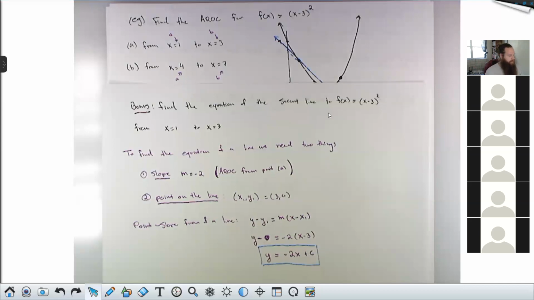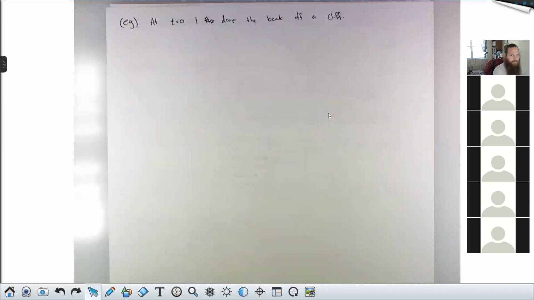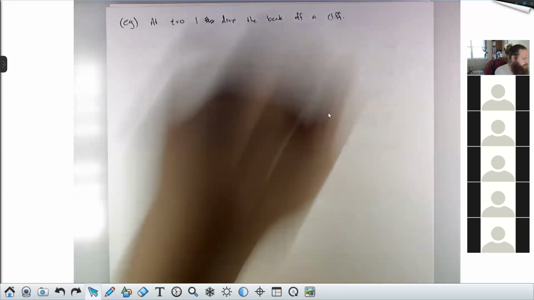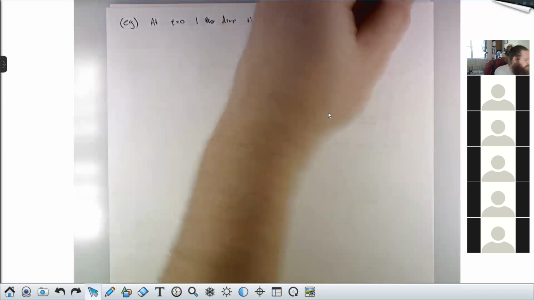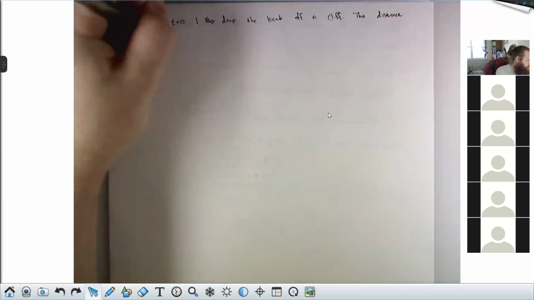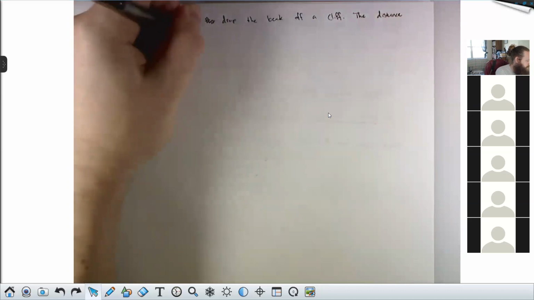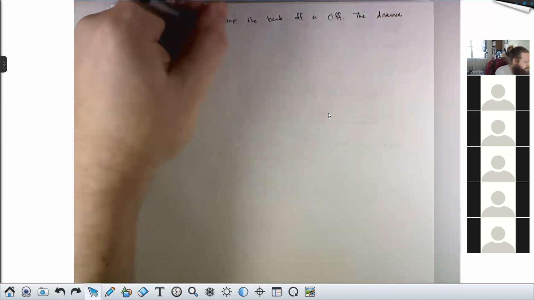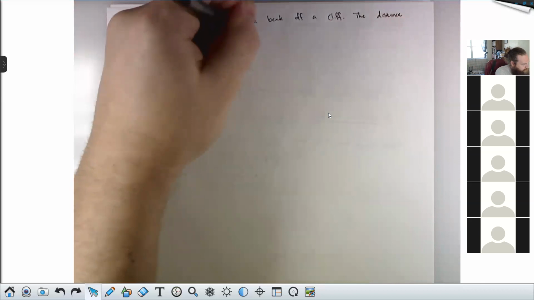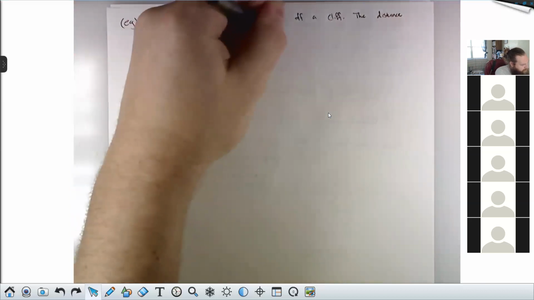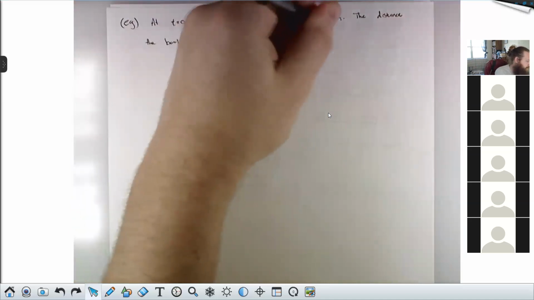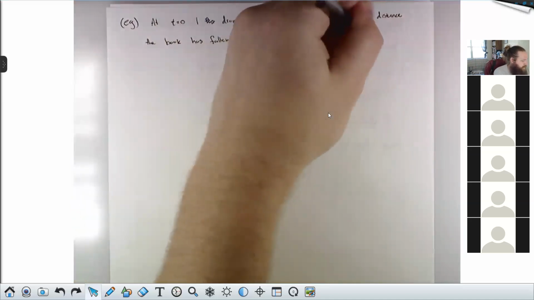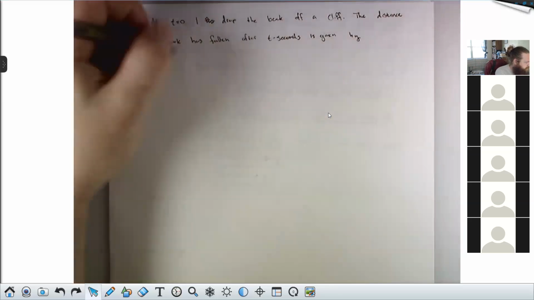Now, here in the United States, we usually work with feet rather than meters. So at time t equals 0, I drop the book off a cliff. The distance the book has fallen after t seconds is given by, I'll call it d of t for distance.